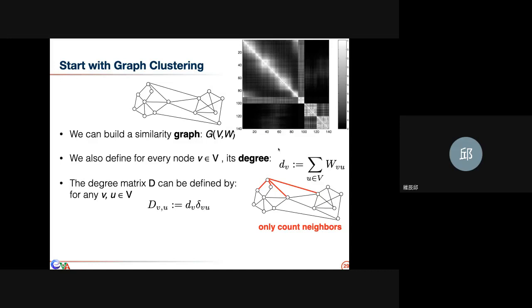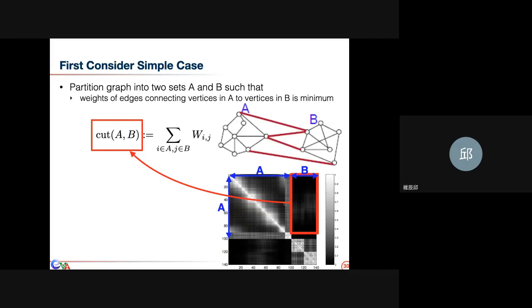If you look at such a similarity matrix, it has fully described all the things in a similarity graph. Given this similarity matrix, now assume we would like to consider a simple case in which we would like to partition the similarity graph into only two sets.